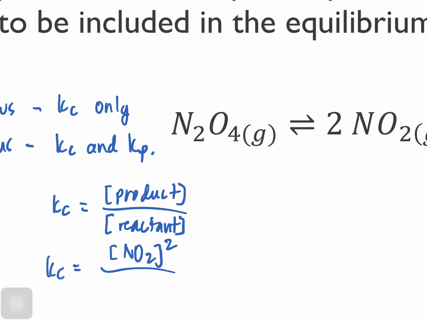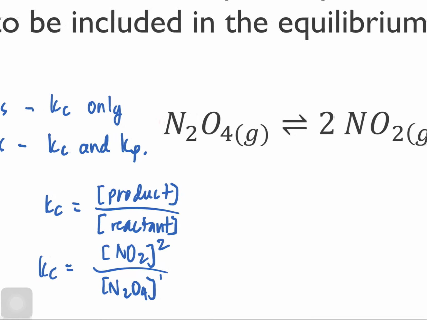For the reactant side, we have N2O4 raised to 1. If nothing is written here, that is automatically understood as a coefficient equal to 1. That is the Kc expression for this reaction.